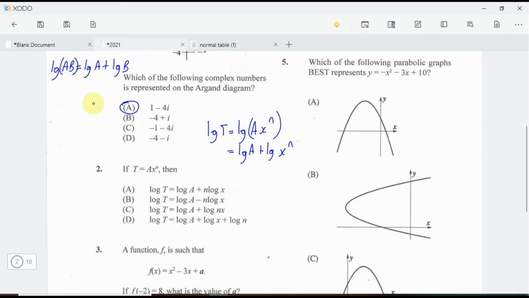Right? Nice. And so the next rule of logarithm that we have to remember is that we can bring down the power. And so by bringing down the power, we'll get that log t is equal to log a plus n log x. So this is the rule we have to remember again. Log a to the n is n log a. That's the power law. So we look for which one has this option. Log t equals log a plus n log x. That's option A.